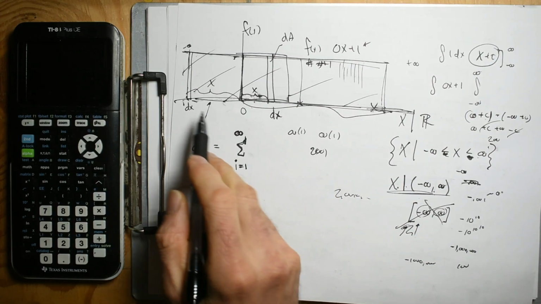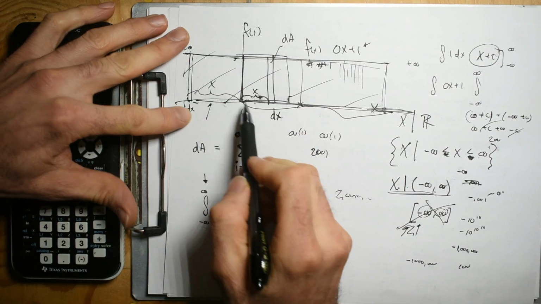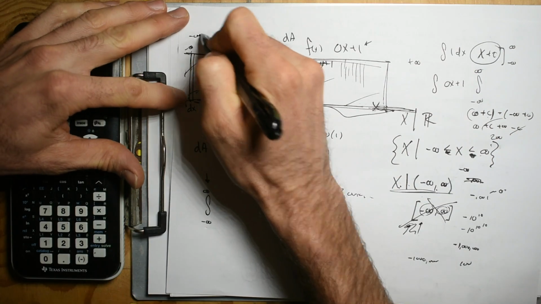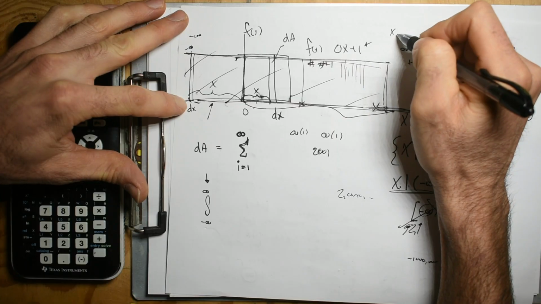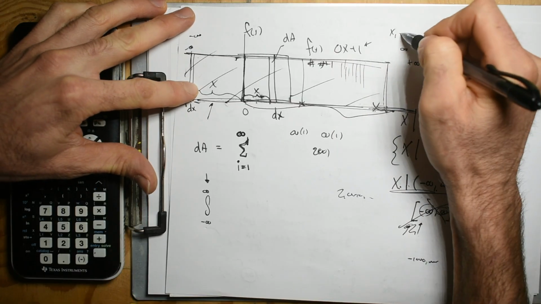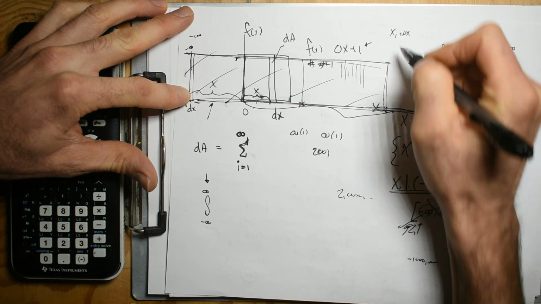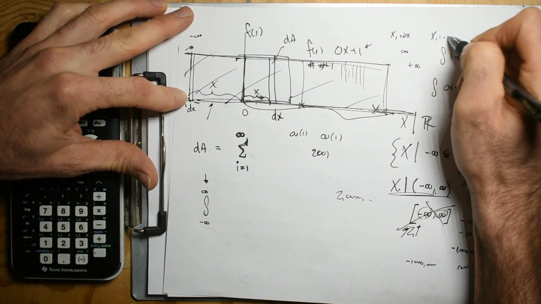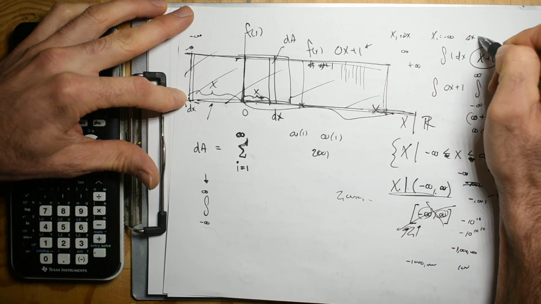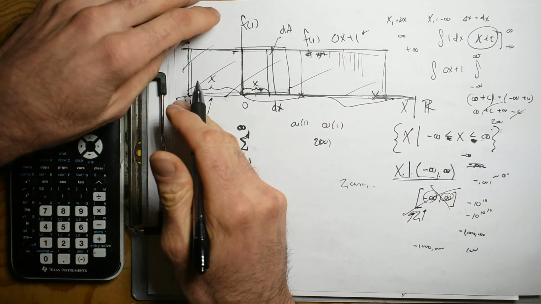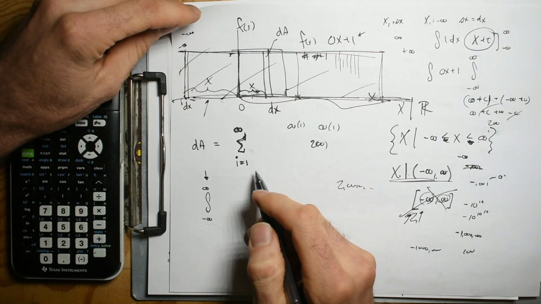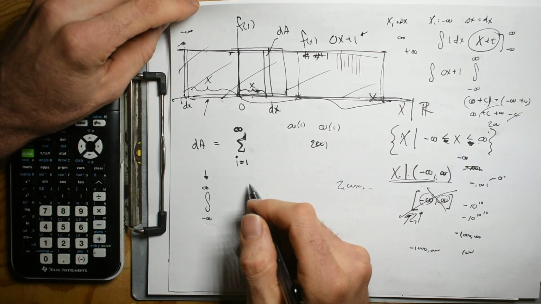It seems that if I'm actually going to have a starting point between negative infinity and infinity, and then pick that starting point for my x1 value, and then add a change in x. So my x1 value has to be negative infinity. My change in x has to be a dx. And so I would have to already start at that negative, and that's probably what's tripping me up.